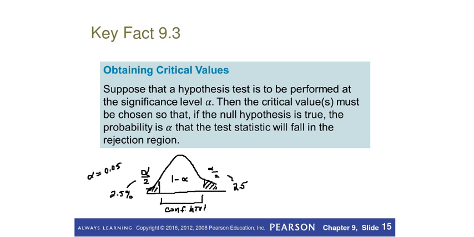So this alpha level now becomes the important piece to us. And the critical value must be chosen so that, if you're using the critical value method, we're looking for critical values that separate the non-rejection region from the rejection region. That is, that separates our confidence interval away from the others.